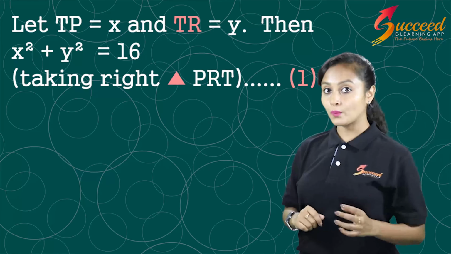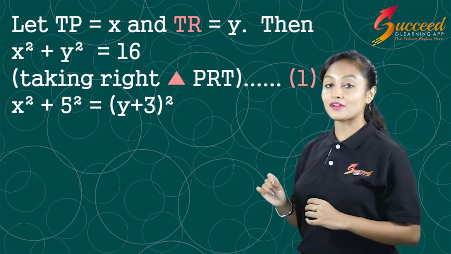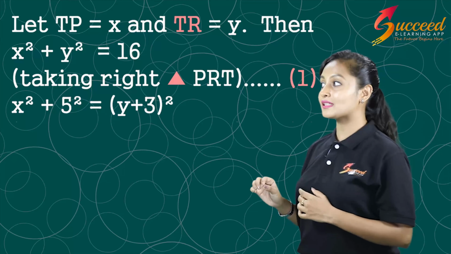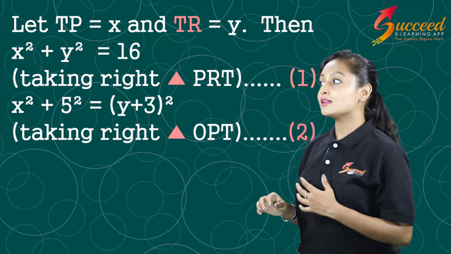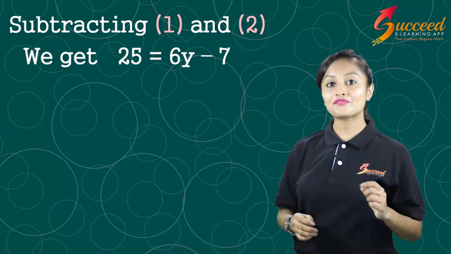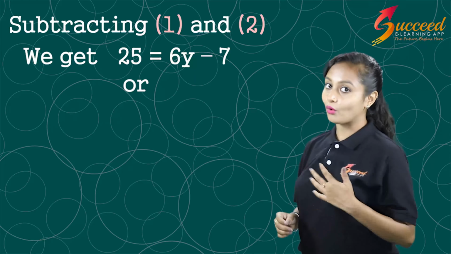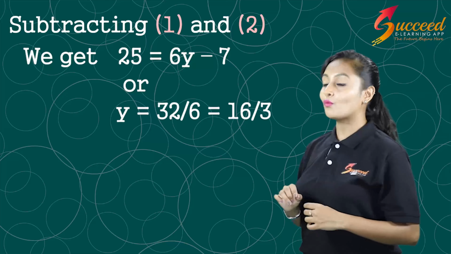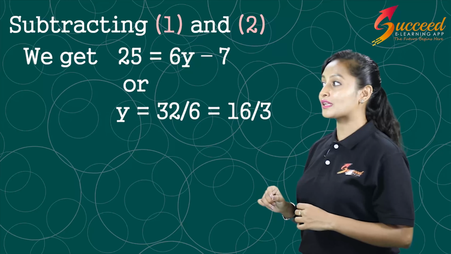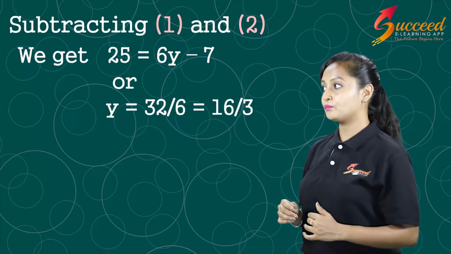Consider triangle OPT. Here we can write x square plus 5 square is equal to y plus 3 the whole square. Substituting both of these equations, we get 25 is equal to 6y minus 7, or you can also write it as y is equal to 32 divided by 6, which is equal to 16 by 3.